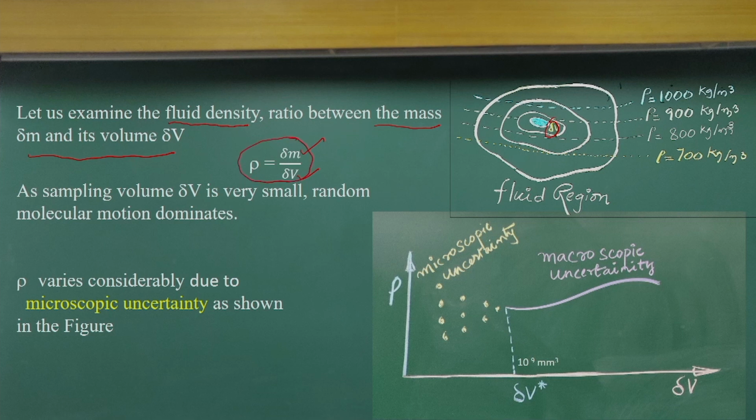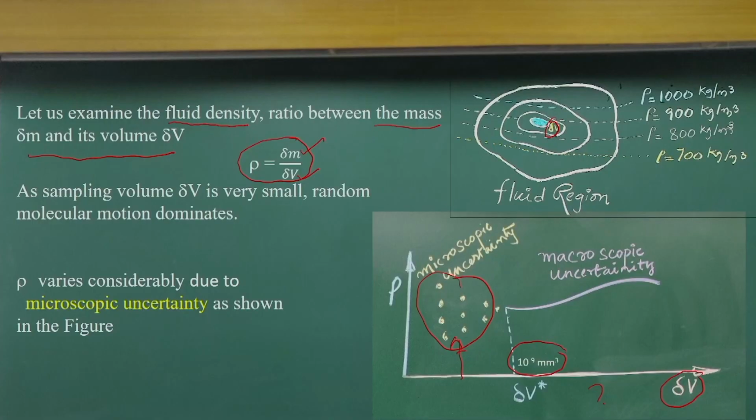Now, as I increase the sampling volume delta V, starting from a very small value, as this figure shows, here I have the density and here I have the sampling volume. If delta V is very small, less than 10 to the power minus 9 cubic millimeters, you can see the density values fluctuate like this.